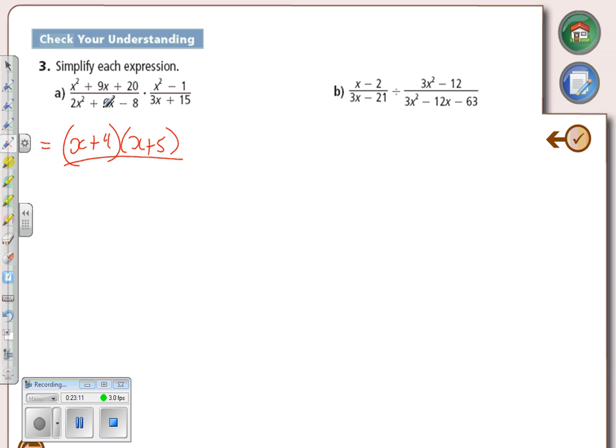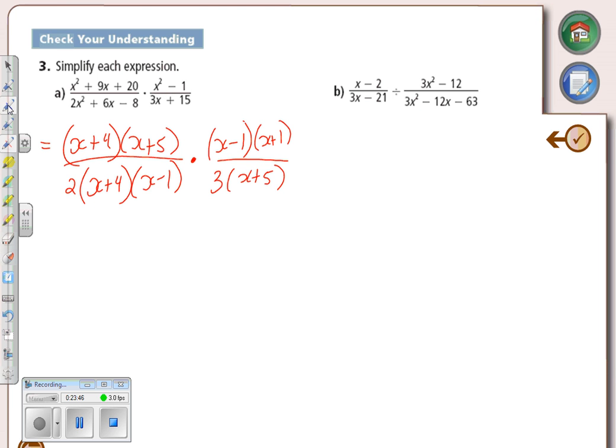Over. This you want factored, you're going to factor out a 2. And then you've got x squared plus 3x minus 4. And then when we factor that, we get x plus 4 and x minus 1. Then we've got a difference of squares on that numerator. X minus 1, x plus 1. And then we've got just a GCF to factor out of that one. 3 bracket x plus 5.